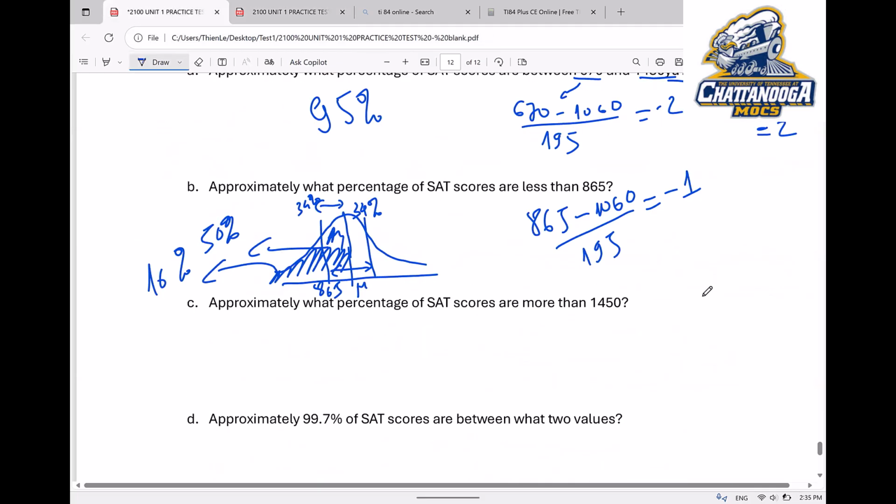For part C, approximately what percent of scores are more than 1450? Just the same strategy, right? You calculate the z-score, which is 2 standard deviations above the mean.